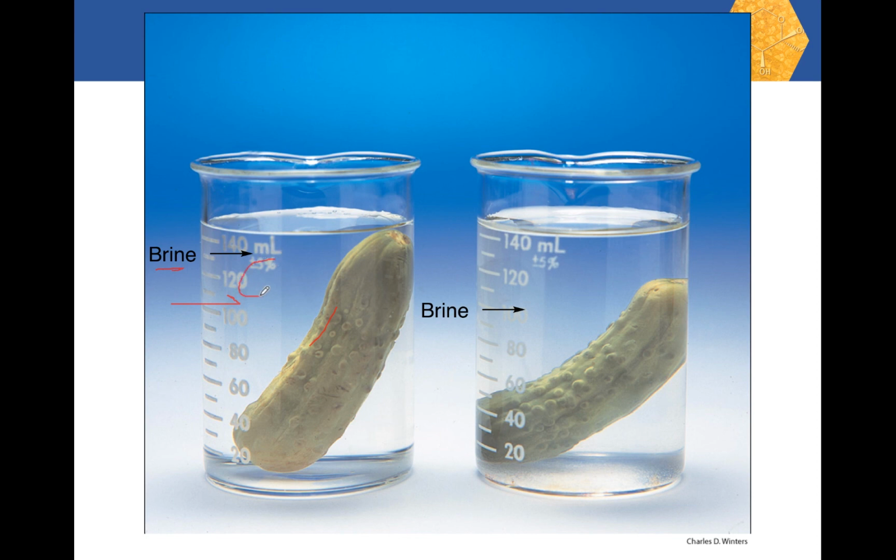So this area out here is concentrated salt. The area in here, in this cucumber, has water, and the membrane would be right here, so the water molecules come out. So after some time, what you'll get is a pickle that actually looks like this, or a cucumber that looks like that, and of course we call it a pickle.